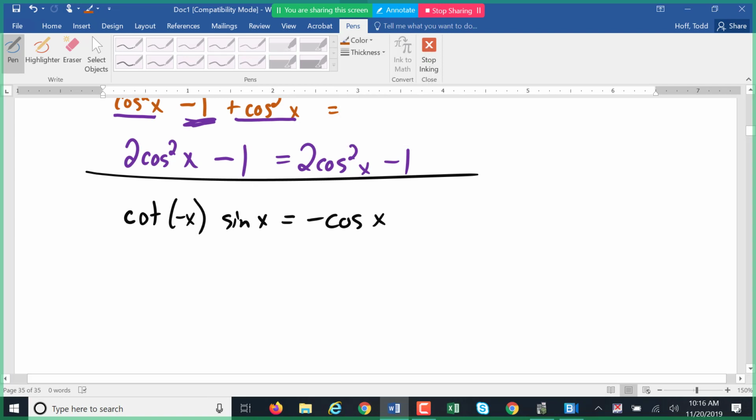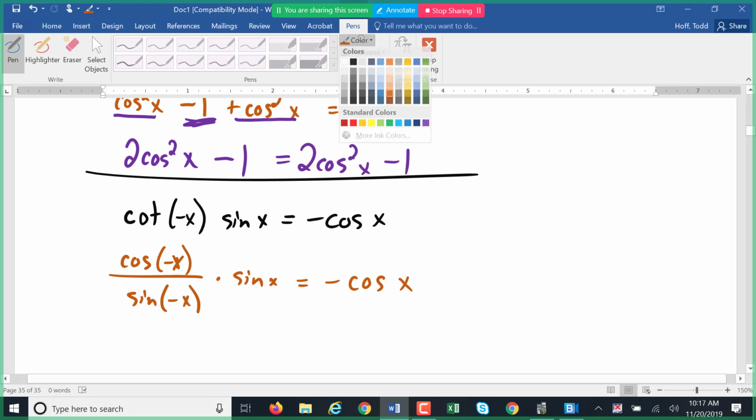Well, cotangent of negative x, cotangent is cosine over sine. So that's cosine of negative x over sine of negative x times sine x equals, I haven't done anything to the negative cosine x on the other side yet.